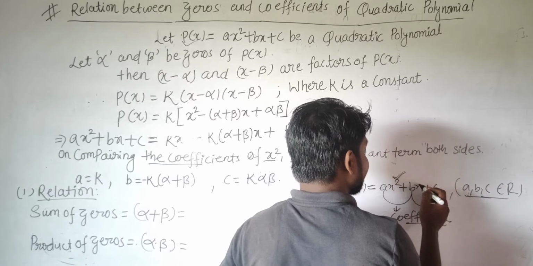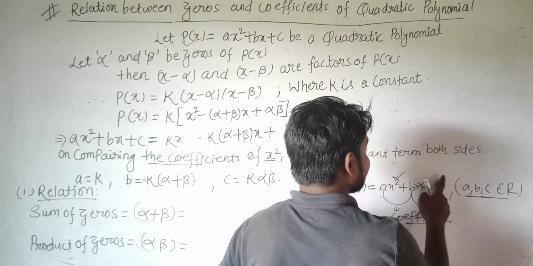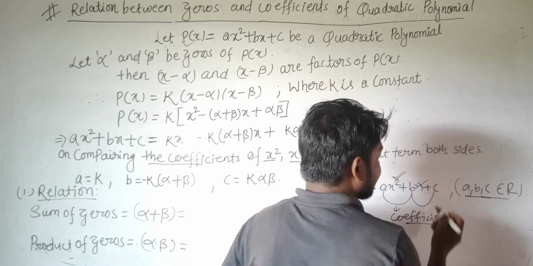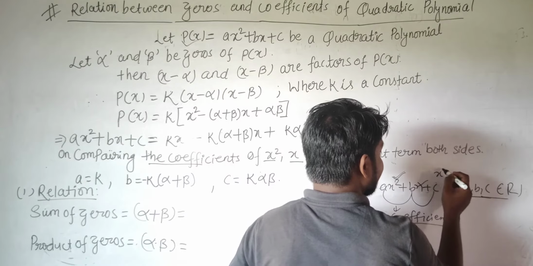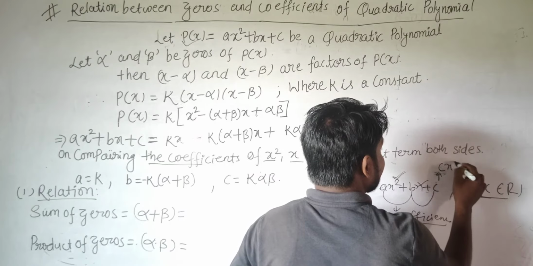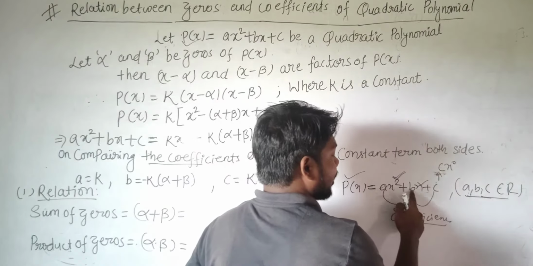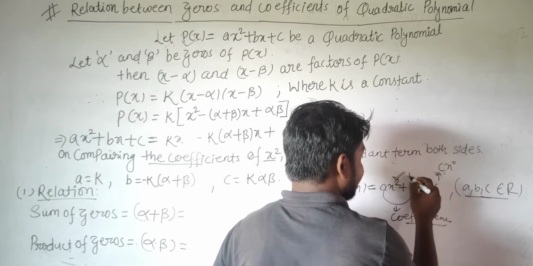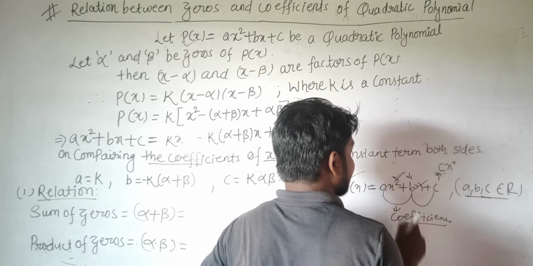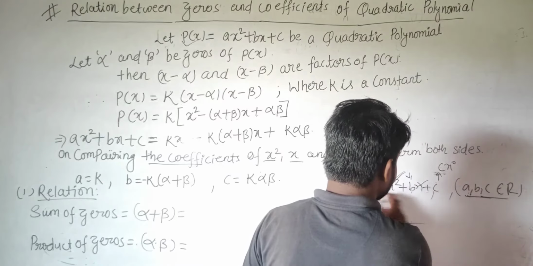So here x square, x and c, so these are the variables, and c can be considered as c into x to the power 0, and b is the coefficient of x and a is the coefficient of x square.